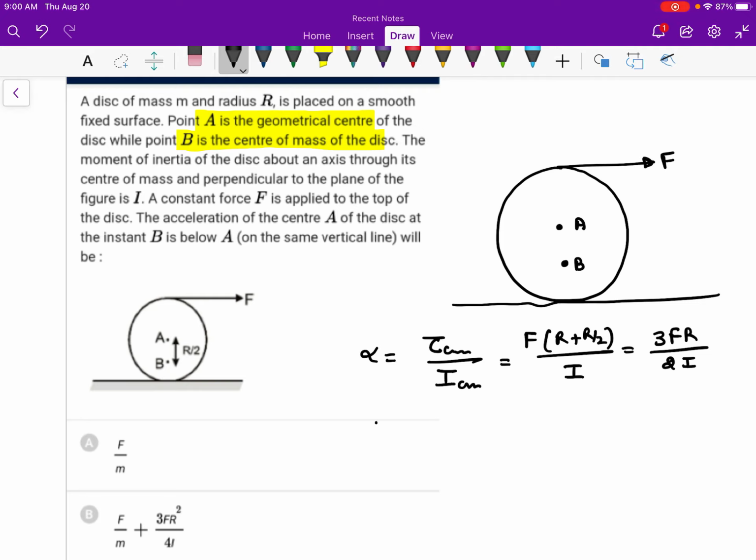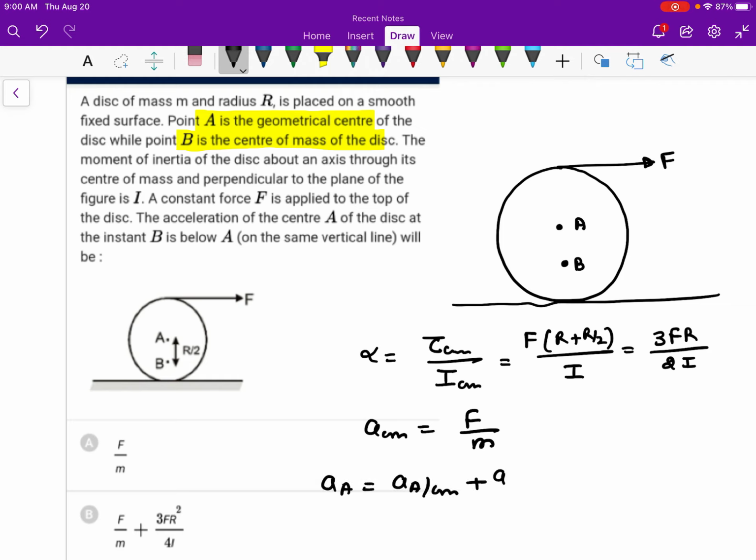Now the acceleration of the center of mass, ACM, is F upon M. Now the acceleration of point A is the acceleration of point A in the CM frame plus the acceleration of CM. The acceleration of point A in the CM frame is radial plus tangential, but radial is 0 as at the very beginning omega is 0.